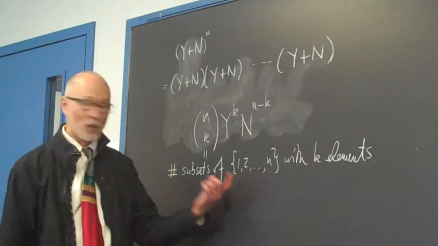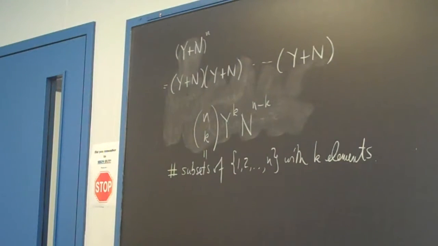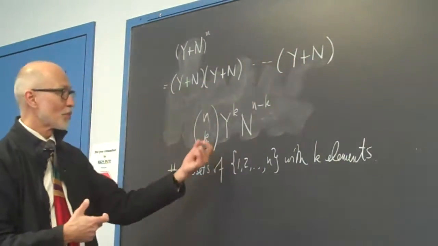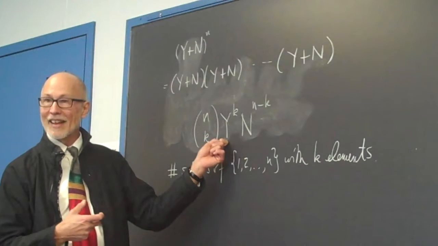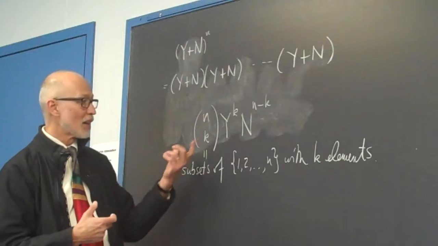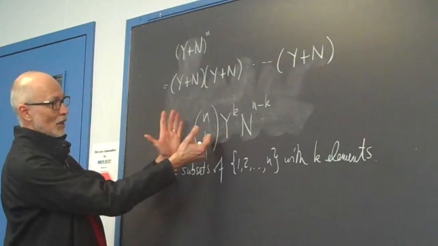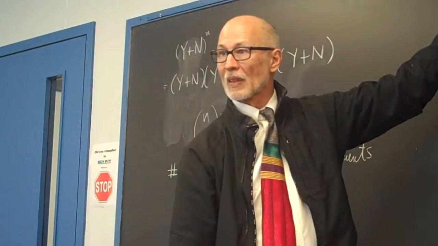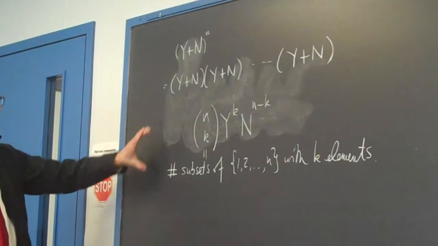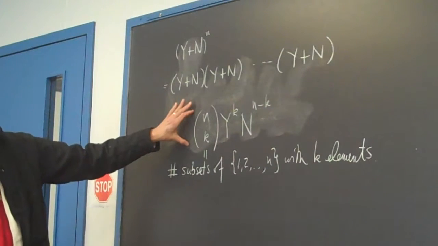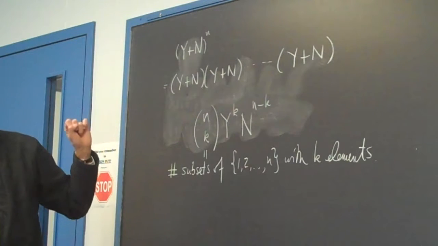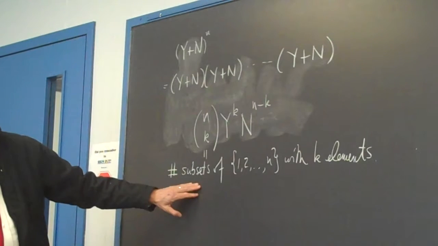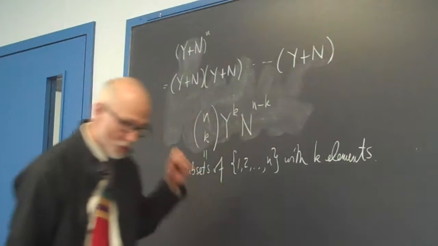Because a subset's not ordered, all I really want to know is which places I picked yes. So I'm going to get y to the k and n to the n minus k, and I just want to know how many ways that happens. Well, that's this number, and we just worked out what those numbers are. So this is the origin of the pronunciation of the notation, and it corresponds to this formulation of how we're doing this counting.